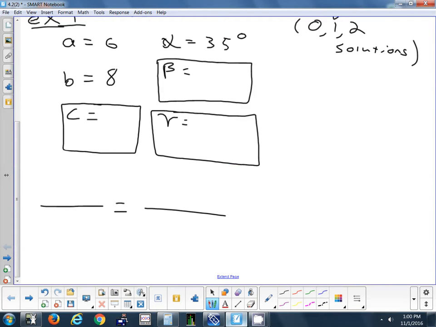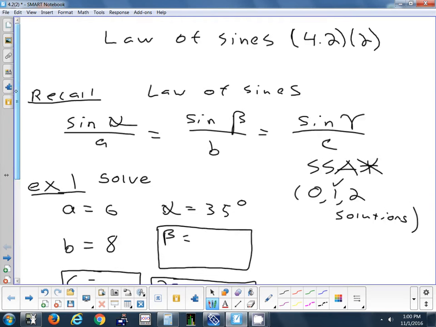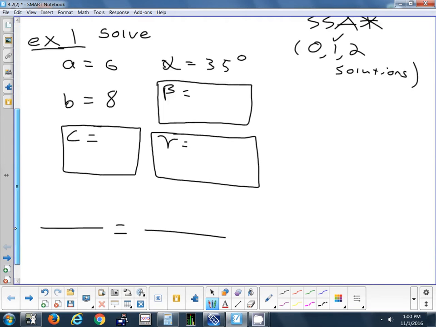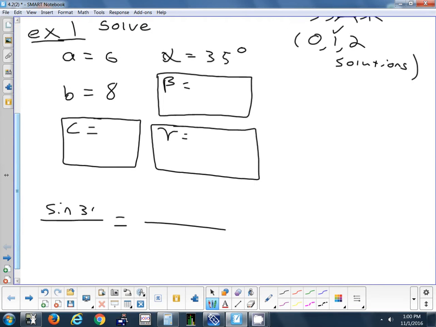Sine of... what's the sine of 35? I like the sine of 35, but that doesn't go on the bottom. The 6 is going to be in the bottom. Sine of your angle goes in the top, length of the side in the bottom. So sine 35 in the top, 6 in the bottom.